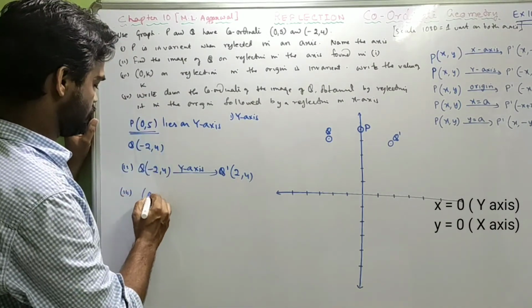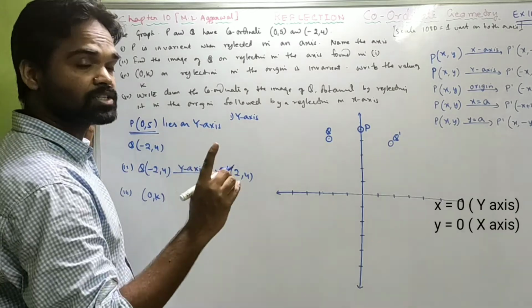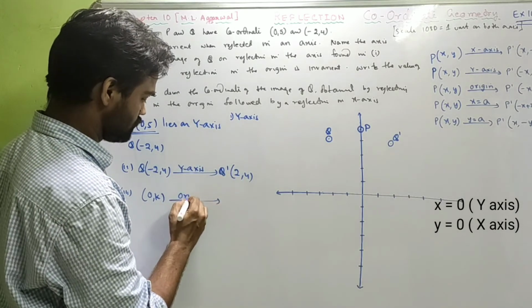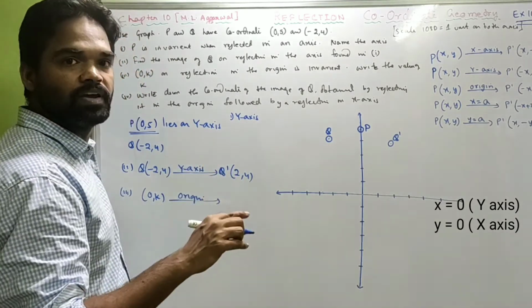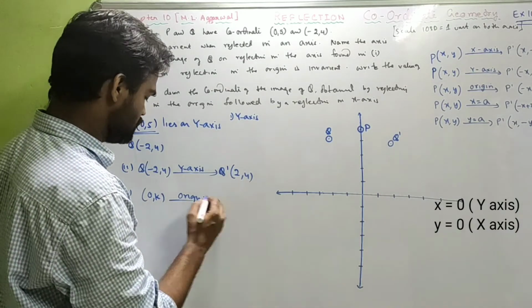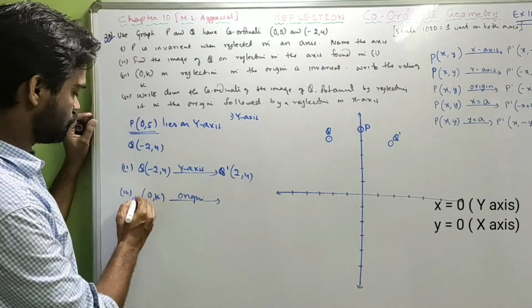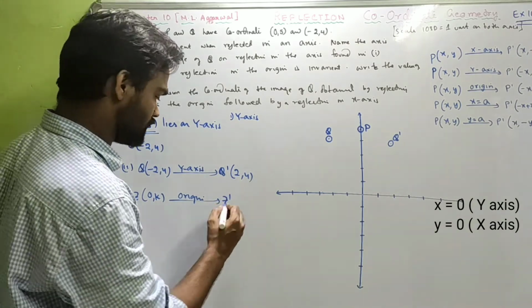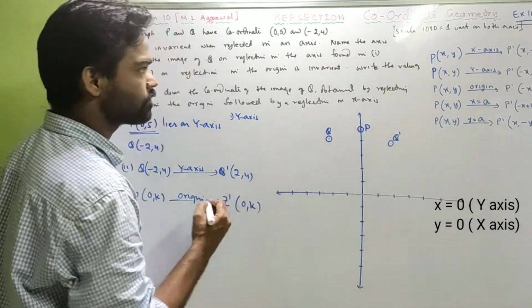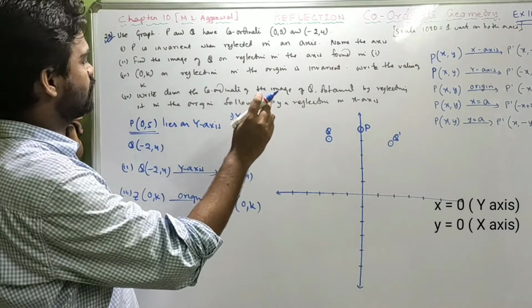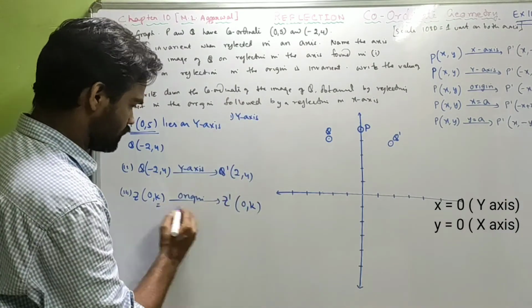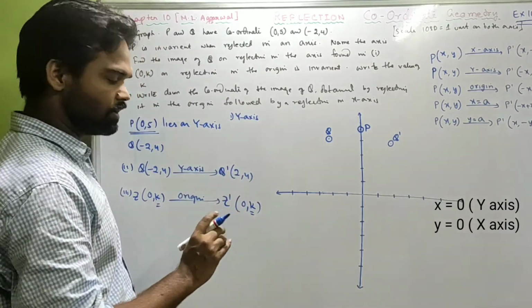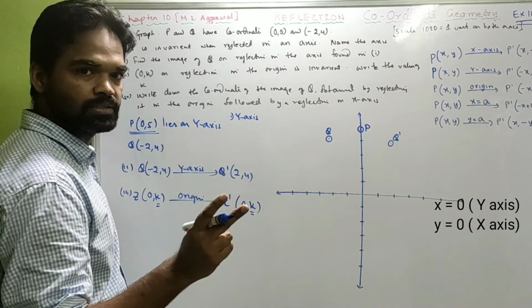Now look at the third portion. 0, k on reflection in origin is invariant, which means the image of this, suppose this was Z, the image Z dash will be the same, isn't it? Write the value of k. Now k, see, when reflected in origin, both the signs change.